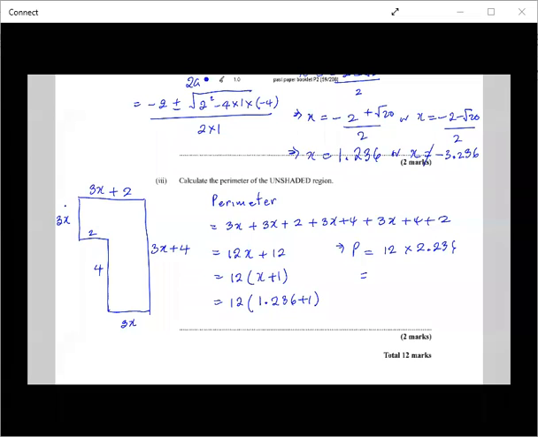Sorry, it's 12 multiplied by 2.236. And so the perimeter is 26.8 centimeters.